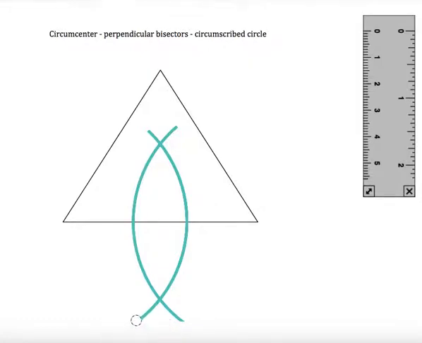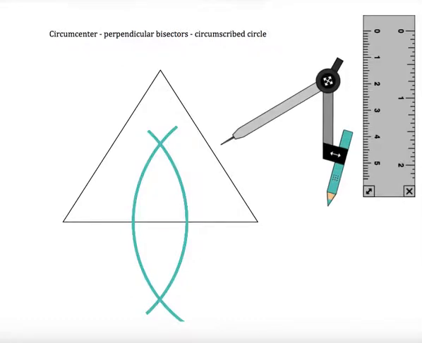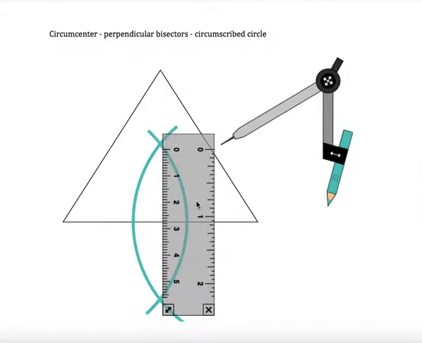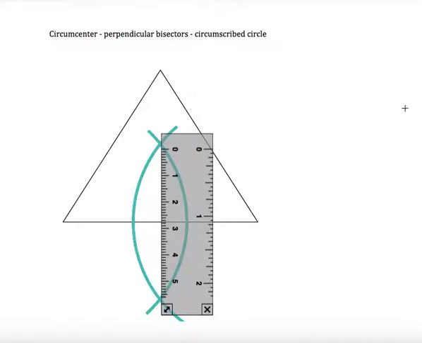Okay, so once I have my marks above and below the line, to draw that perpendicular bisector, I'm going to use my straight edge to line up both of those intersections. And I am going to draw a straight line along that straight edge that connects those 2 points.